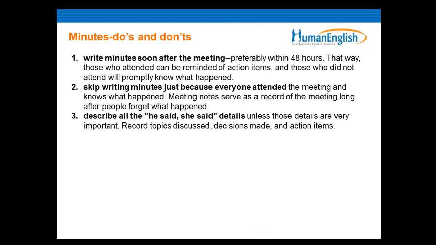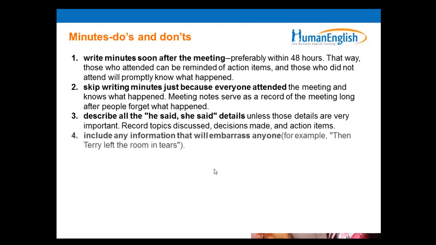Well, if we look at it carefully, it said describe all of the he said, she said details. So this is actually a don't. We don't need to describe every single detail, what every single person said exactly. Only the details that are very important, critical about the issues and ideas in the meetings, not every single thing. So the actual number 3 would be don't.